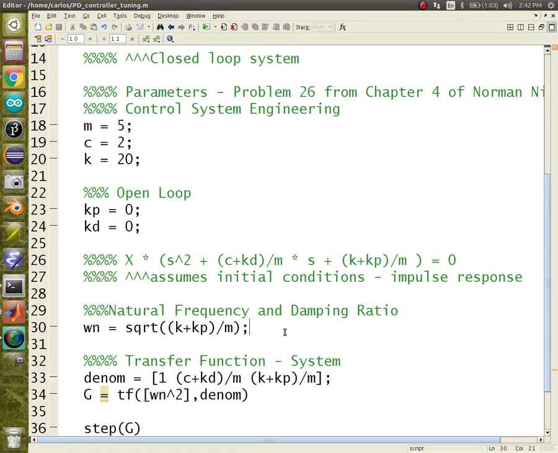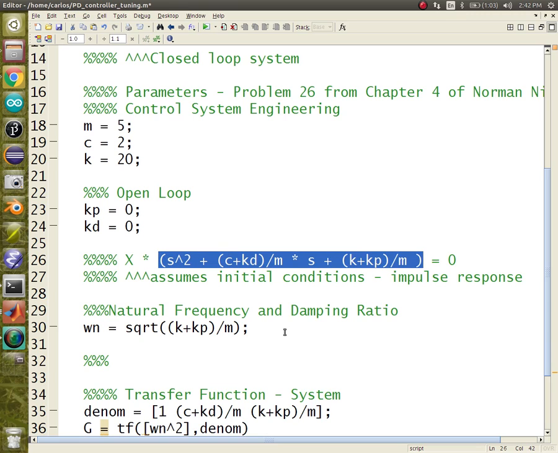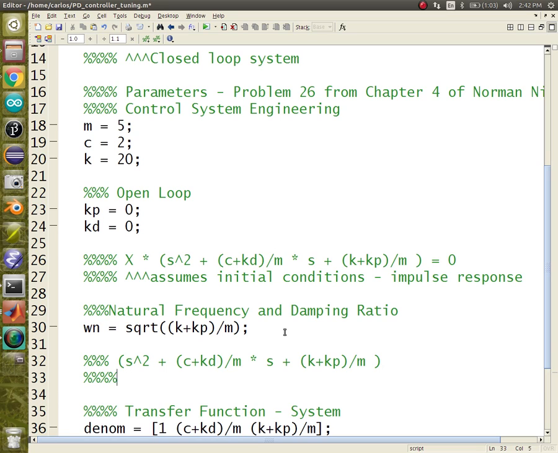Well, the natural frequency is omega n. And so how do we get the damping ratio? Well, remember that when you have your characteristic equation, the general second order system looks like our transfer function: s squared plus 2 times z, and I'm using z because zeta is a built-in function in MATLAB, times omega n times s plus omega n squared.